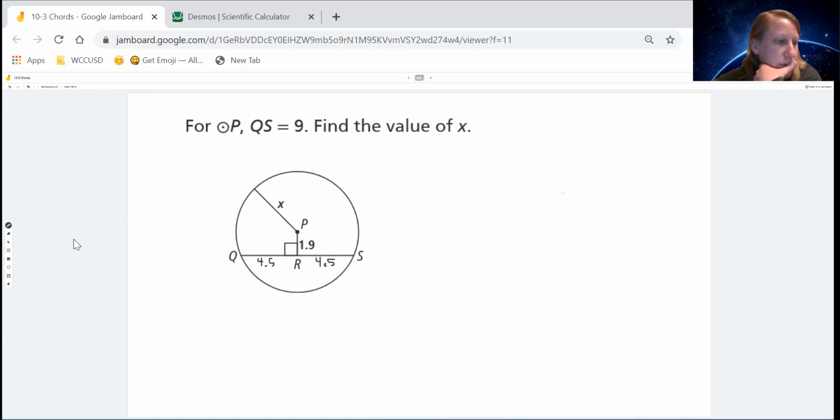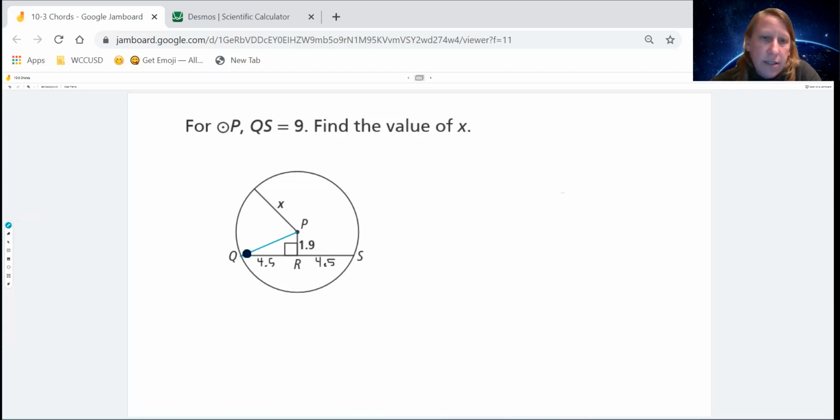All right, now what? I want to find X. This one's a little tricky. Do you see the right angle? Watch and learn. All right, what shape did I just draw? Okay, you see this shape in here is a right triangle.